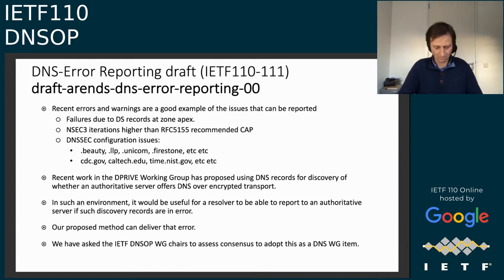Thanks, Matt. If I can respond to that, part of the idea is that the authoritative server would send in an EDNS0 option a location where to report this thing. So in a sense, that's an opt-in, right? You basically opt in on the authoritative server side. You're basically saying by publishing this EDNS0 option, I would like to see errors if you have any. So that's part of the idea.